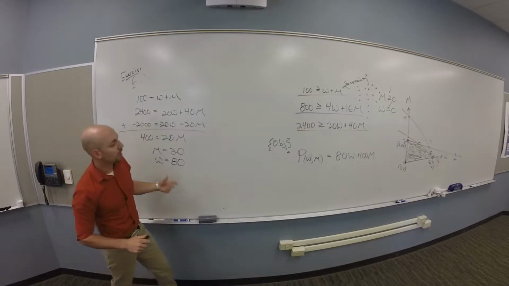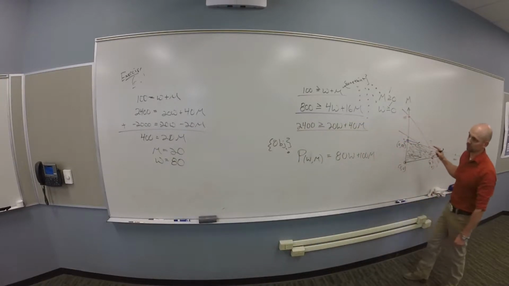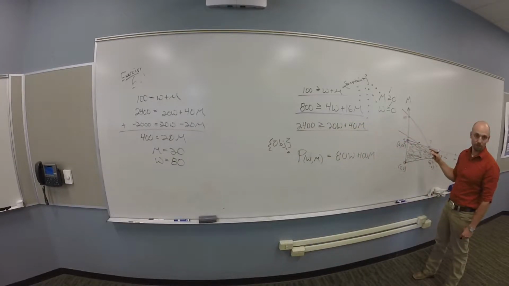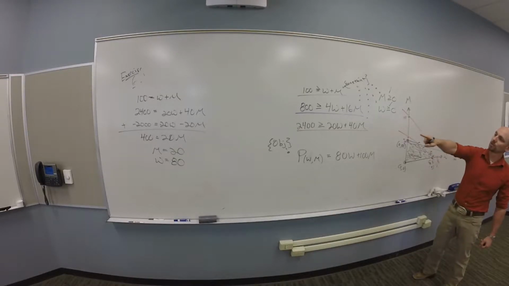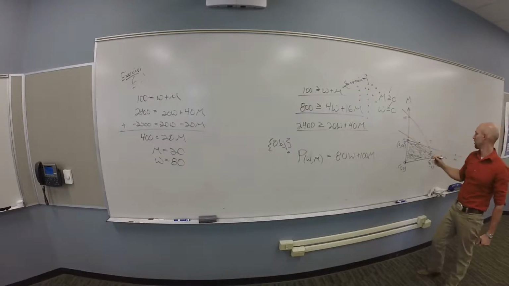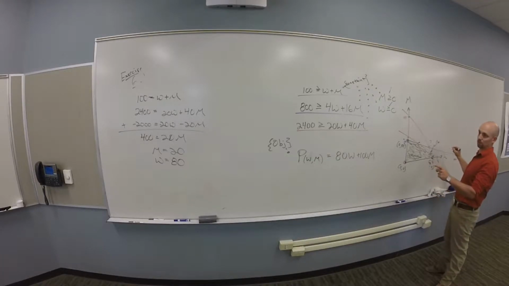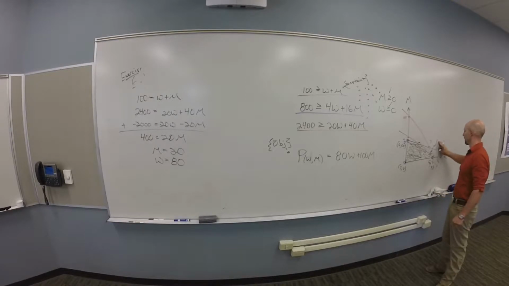All right, so that's this intersection over here between which two? Between cost and acreage. So that's this guy here. That one happens at 80 and 20. 80 on the W axis, 20 on the M axis.